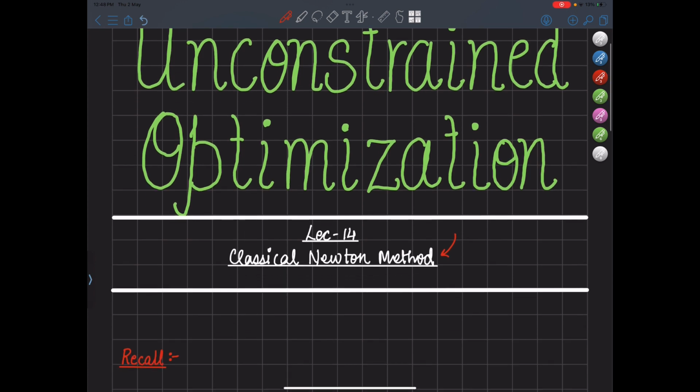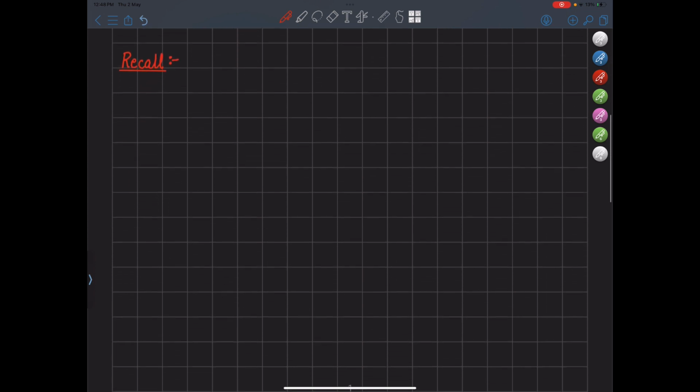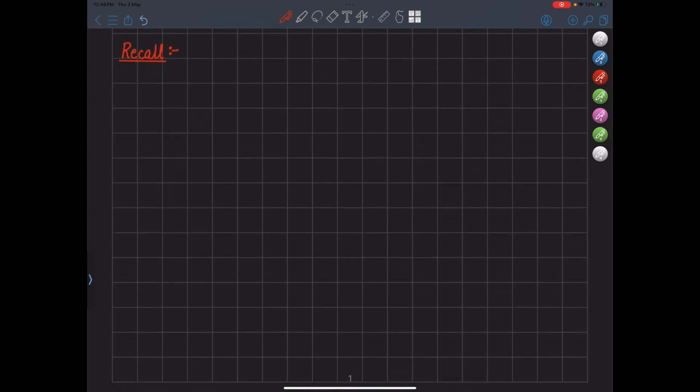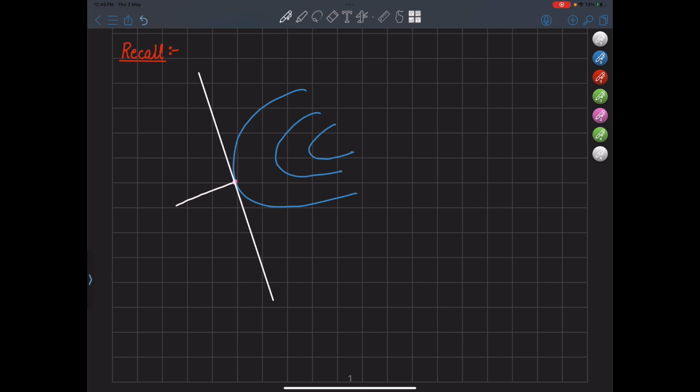Now before starting the lecture, let's just recall what we studied in our previous lecture. So first of all we studied what is a steepest descent method. So in a steepest descent method, let this be a contour map of a function that we want to optimize. Let this be the current point xk, and let this be the gradient of the function at xk.